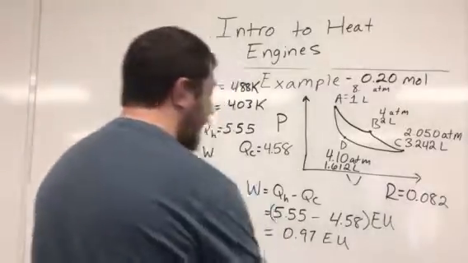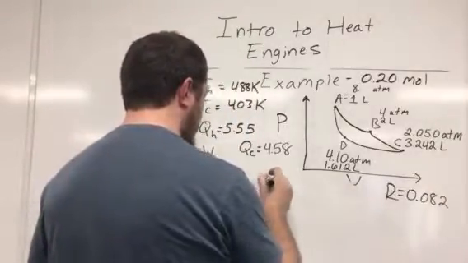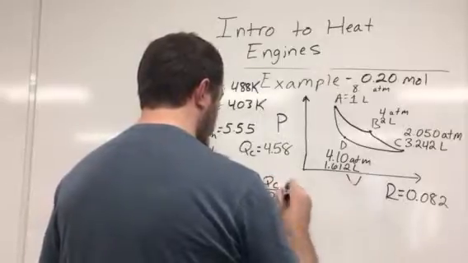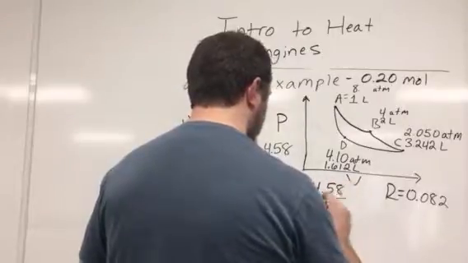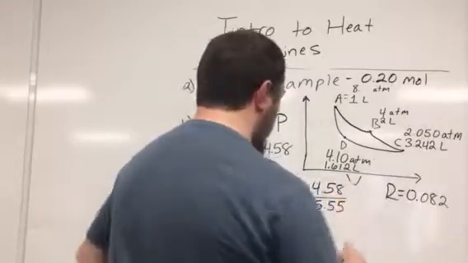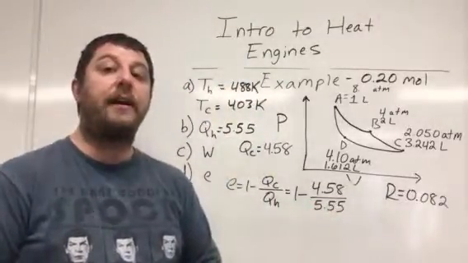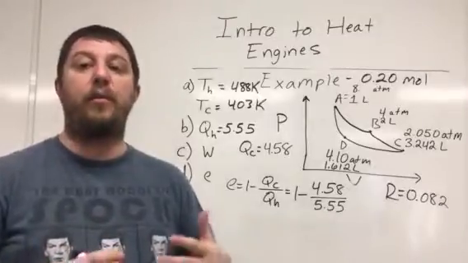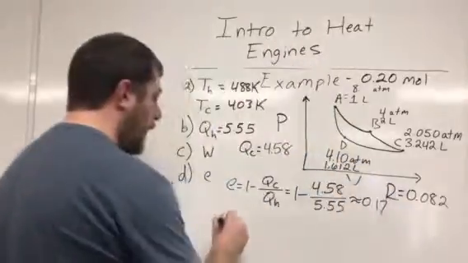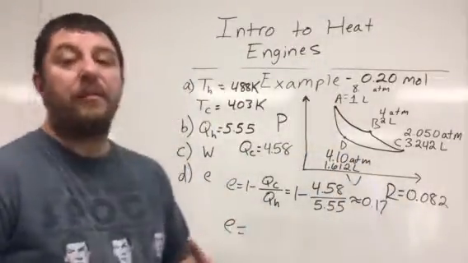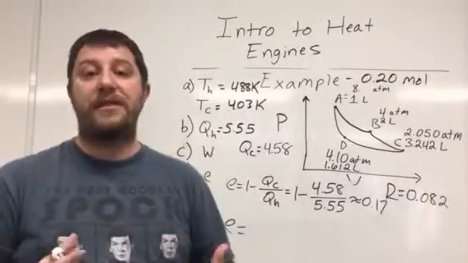So what is the efficiency here? And so my efficiency is going to be 1 minus 4.58 divided by 5.55, and this is roughly 17%, or 0.17. I can also compare that to the efficiency calculated with the temperatures and make sure that those efficiencies agree.